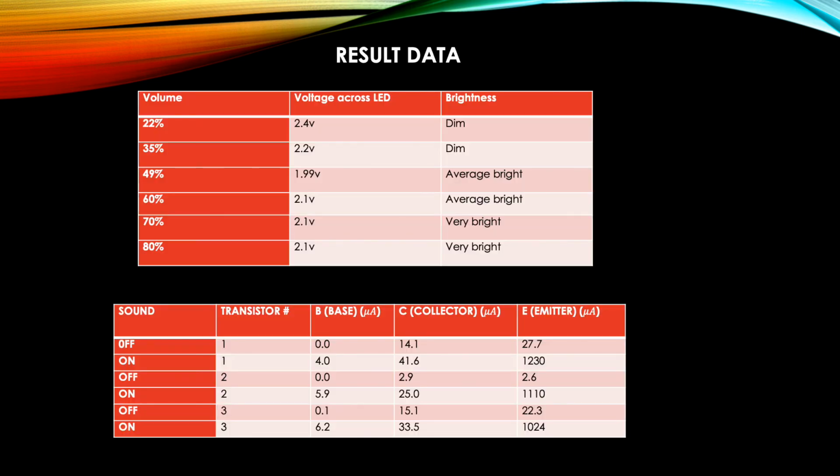So here is the result. In table 1, we have the voltages across the LED for multiple volumes, and the brightness of the LED for different volumes. And in table 2 we have the current going through the transistor channels when the sound is off and when the sound is on.